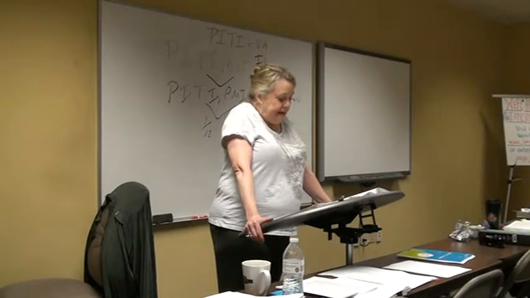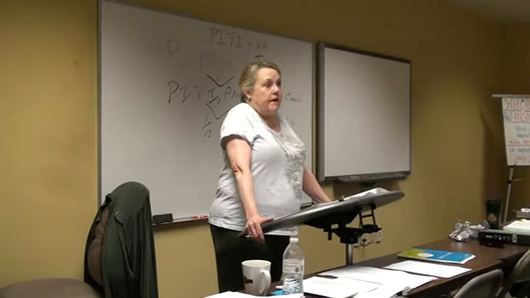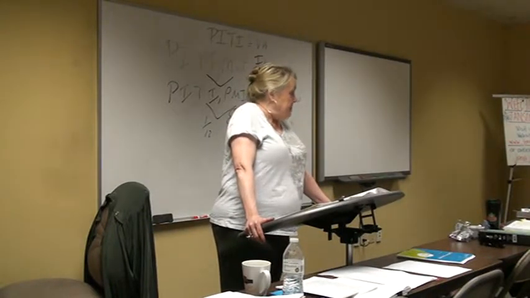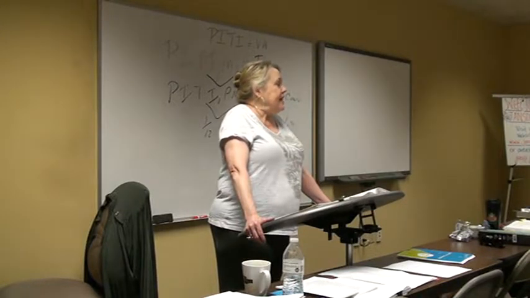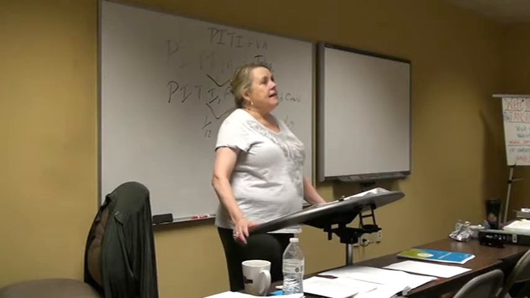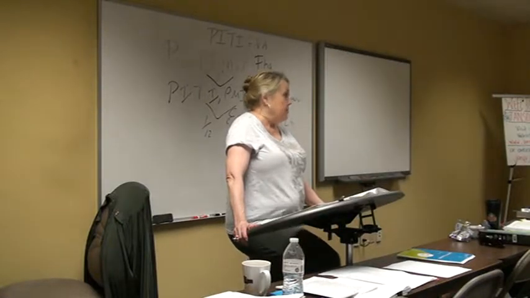If the seller pays more than the maximum percent allowed. Now that's a little bit of an oxymoron there, isn't it? Because it said you can only pay up to 6% maybe. If they pay more, well, what happens is if they pay more, the lender will lend less, because they're looking at it as a contribution to the loan, really, or to the down payment is what they're looking at.